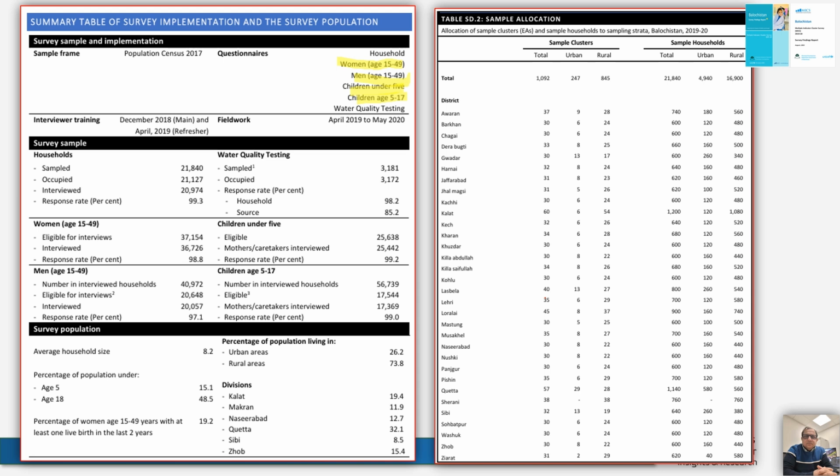For the sampling they designed, they give you the sample allocation table. This will give you the GIS point of view if you are looking at this report, because this survey has the capability of producing some maps. So you need to look at the sample table.